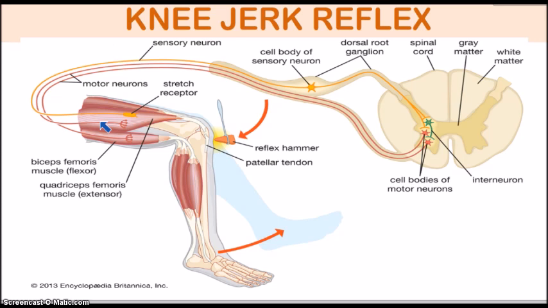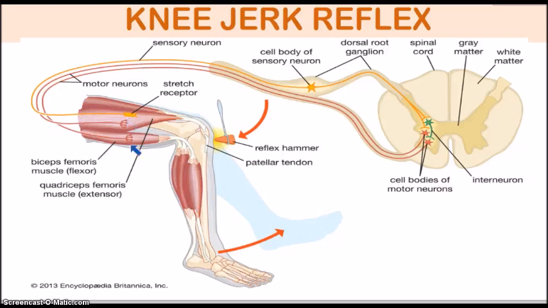This causes the flexor muscle to relax while the extensor muscle contracts, allowing the leg to fly up in the air quickly. The leg extends quickly, and that is the response. Remember, when one muscle is contracting, the other is relaxing.